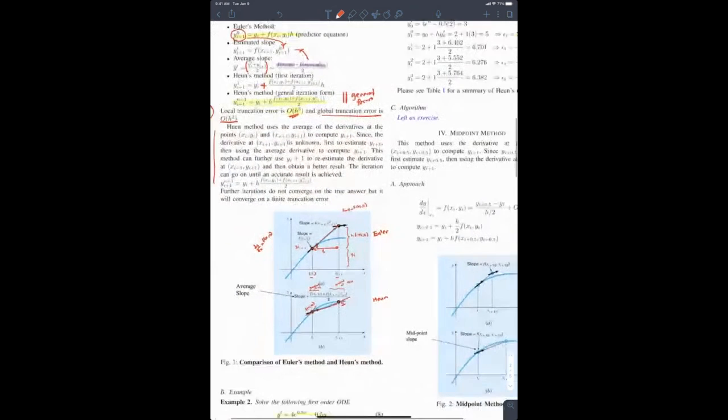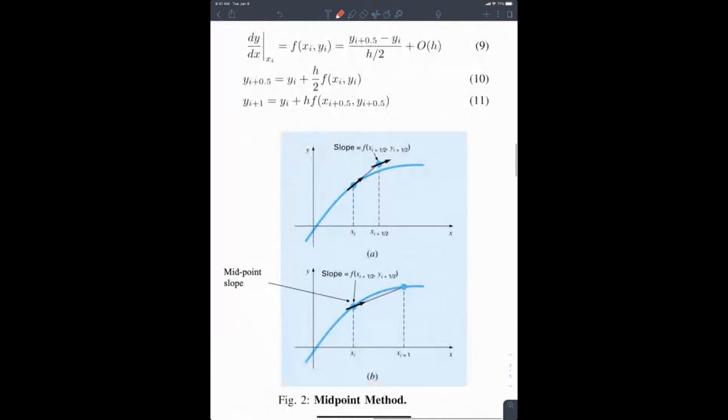At least it introduces error. So we said we are going to compute the slope at xi and xi plus 1 and average them. Here, instead, we are going to compute the slope at xi and xi plus half, that is in the middle of xi and xi plus 1.